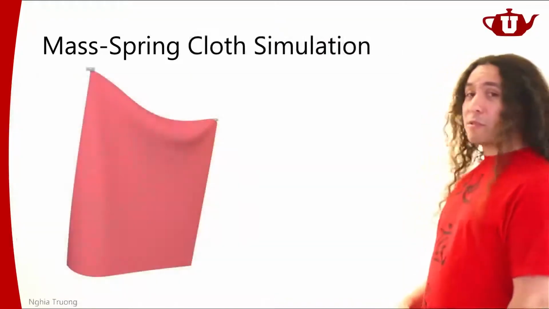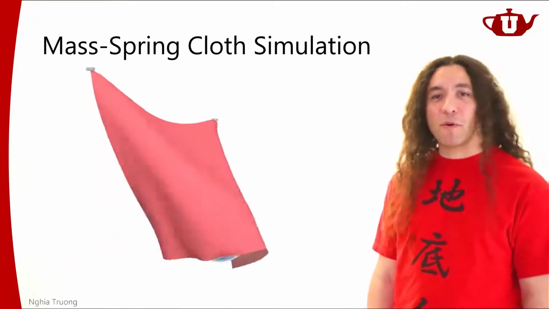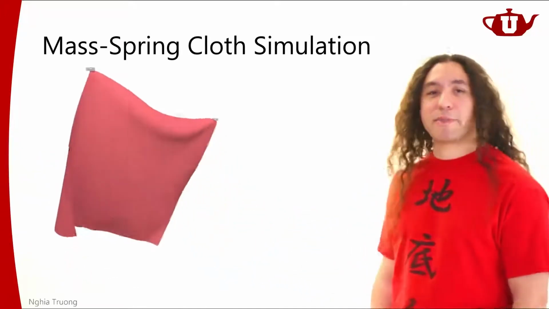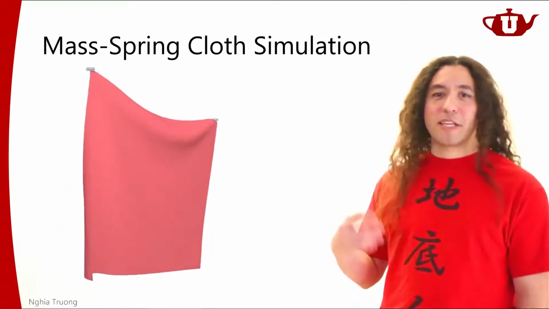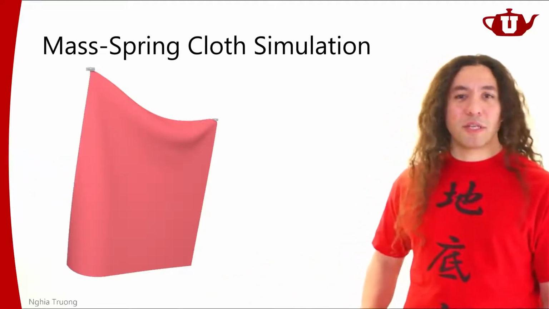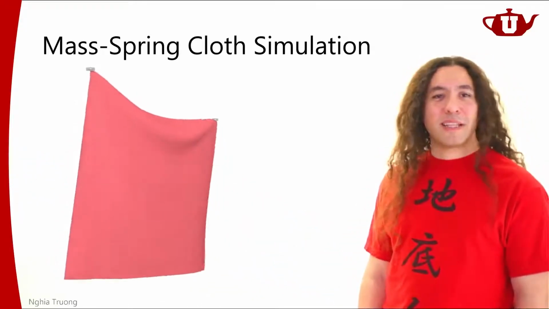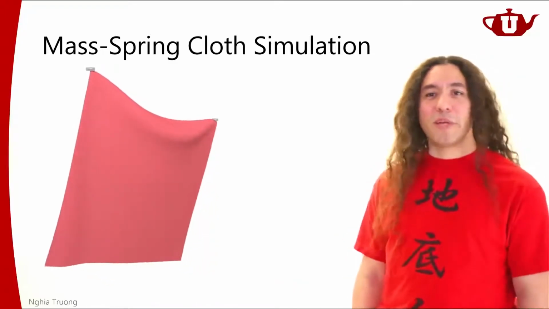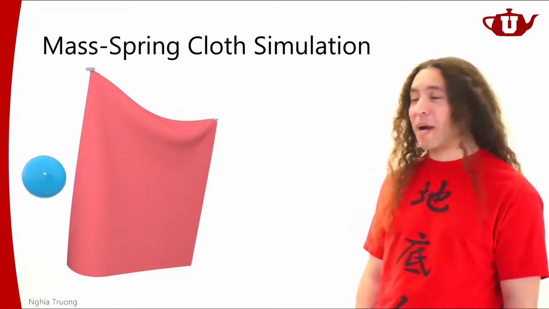A mass spring system can also be used for simulating cloth and different types of deformable objects. So here's a cloth simulation example, again from a recent work that my student Nia Thorong has been working on. In this case, it's just a regular mass spring system, nothing too complicated about it.